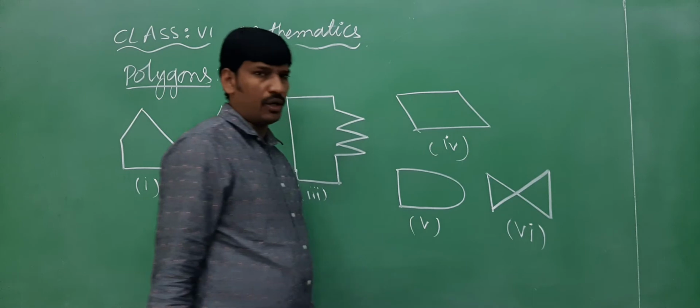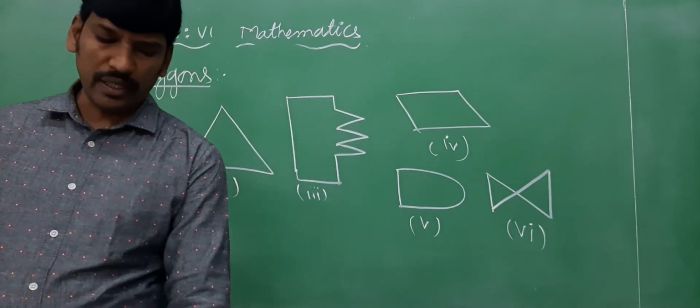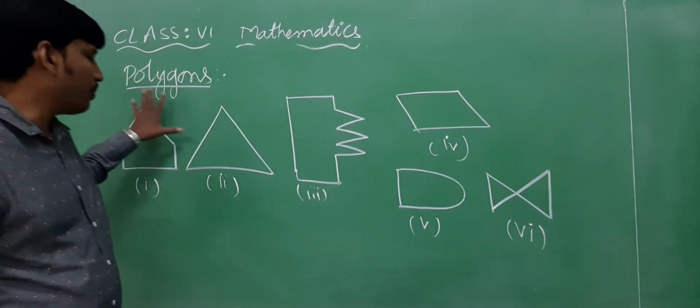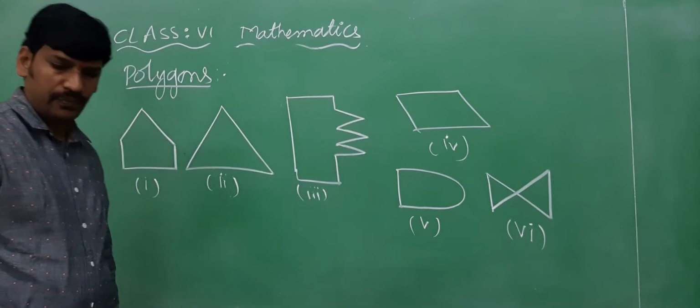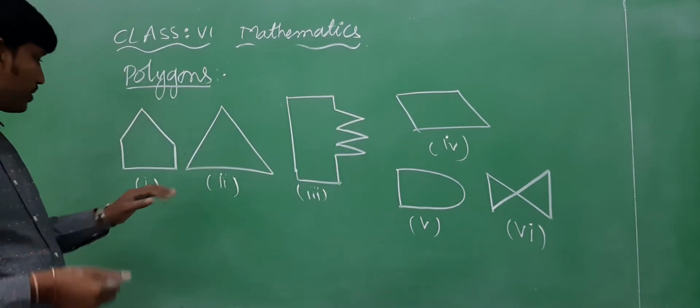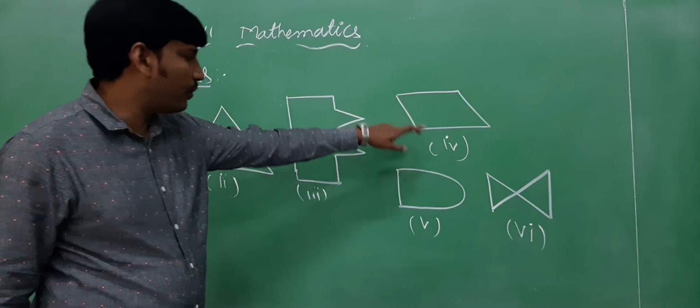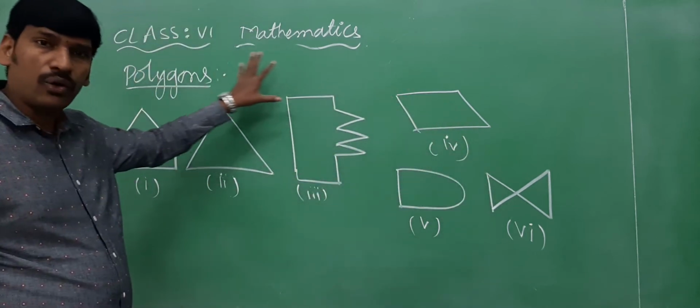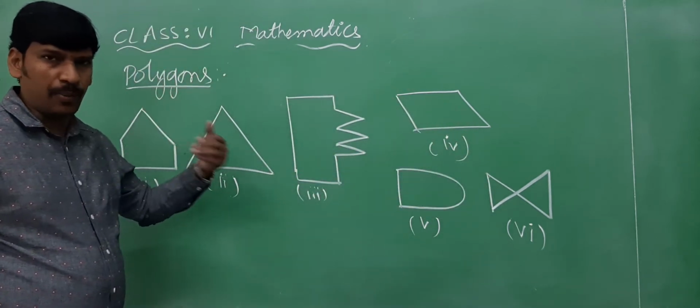Now observe here all these, children. What can you say about all these six figures? Are they closed? See this here, 1, 2, 3, 4, 5, 6. All are closed figures only. There are no open figures.